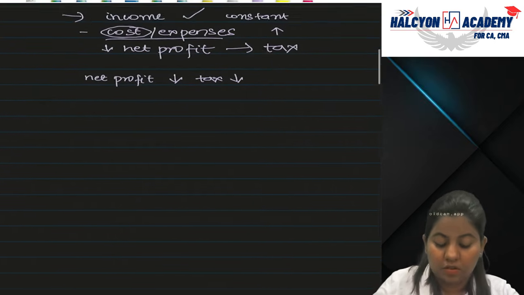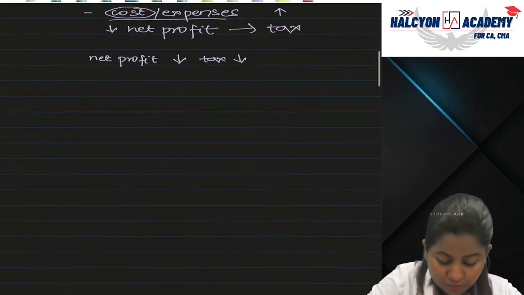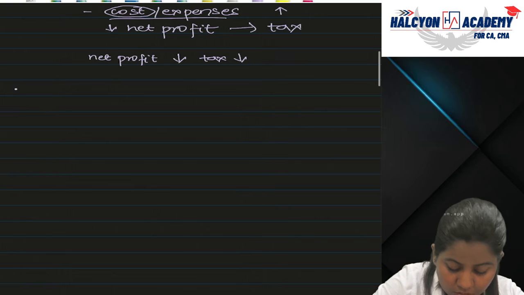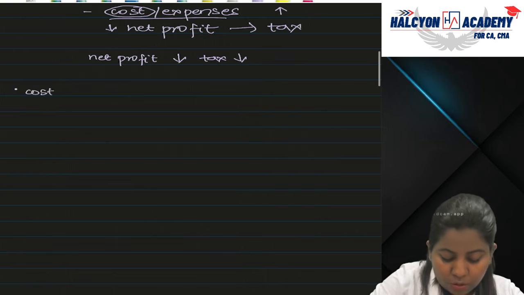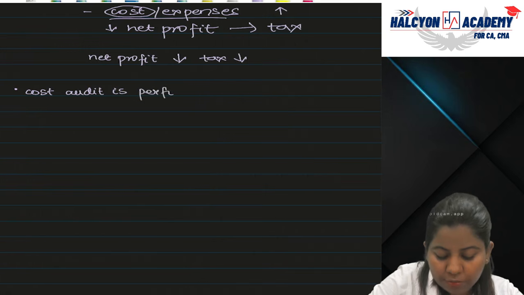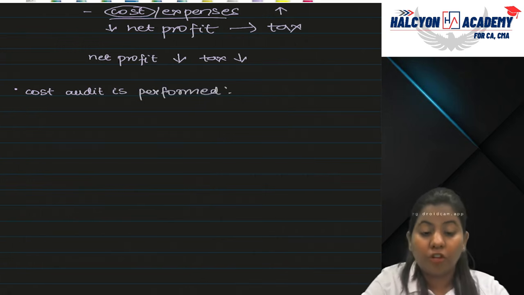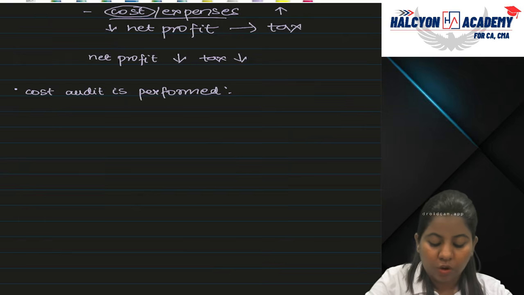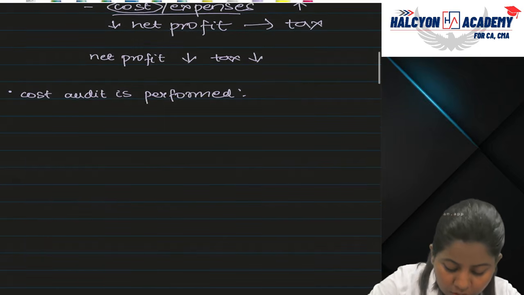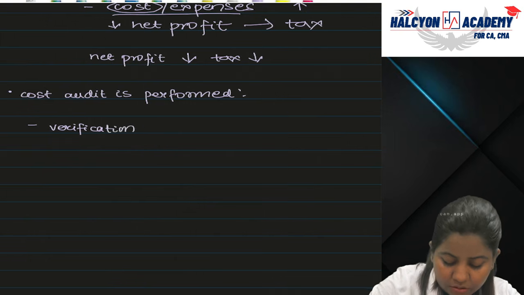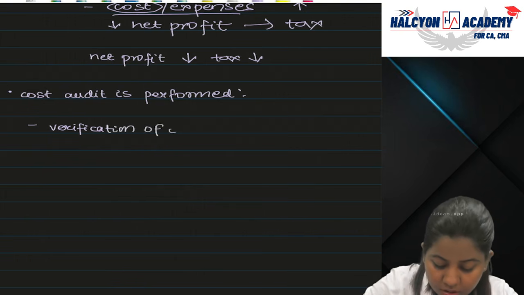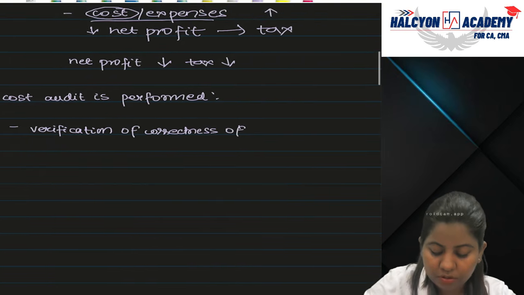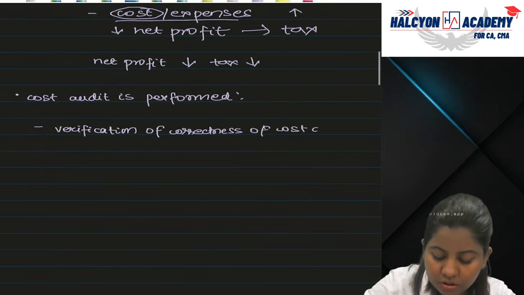See. Next thing, you can write this. Why is cost audit performed? What is the purpose of performing cost audit? Cost audit is performed for the verification of correctness of cost accounts.